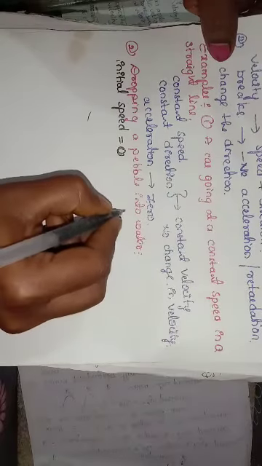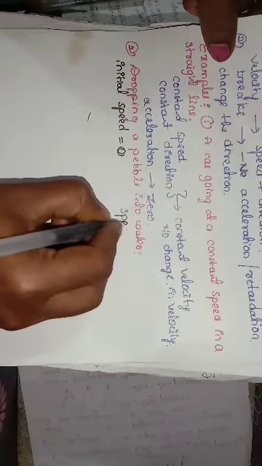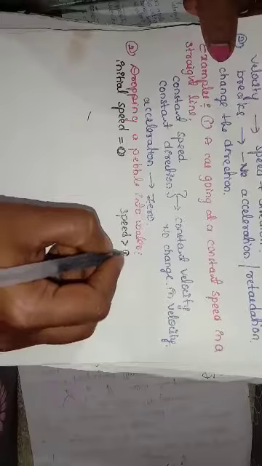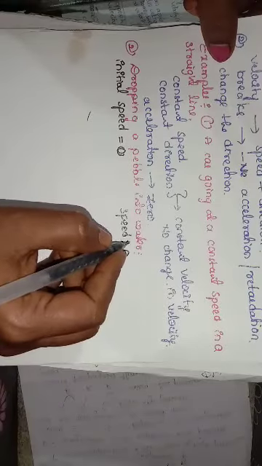So when the ball hits the ground, the speed is greater than 0, obviously. Due to the earth's gravity, the speed of the pebble increases, right? Yes or no? This is a case of a freely falling body.